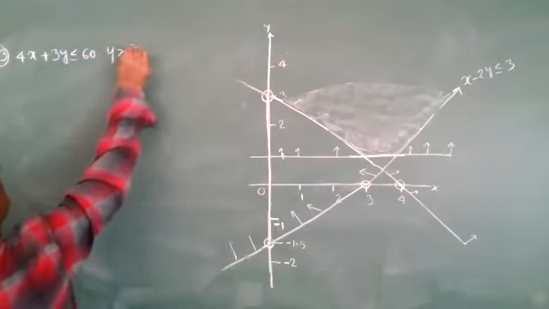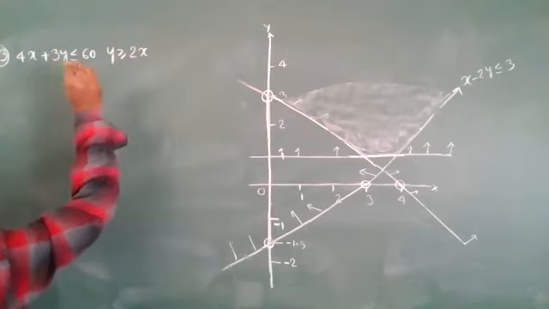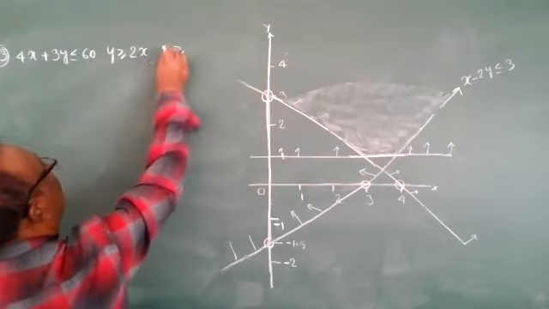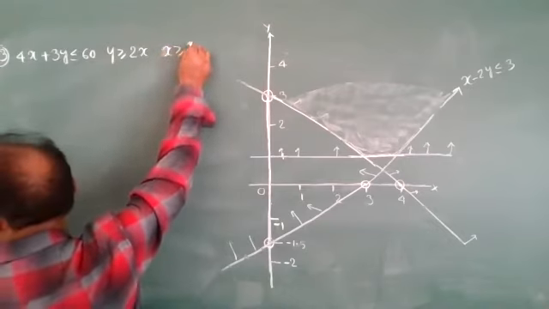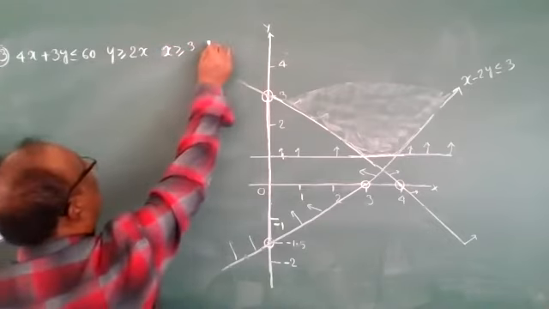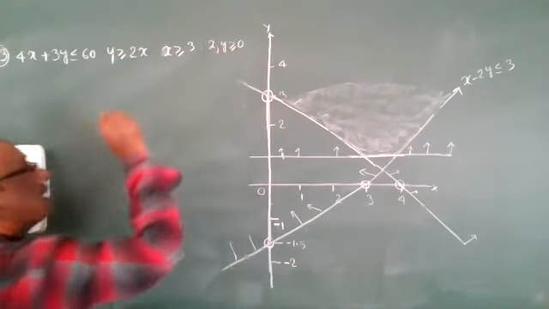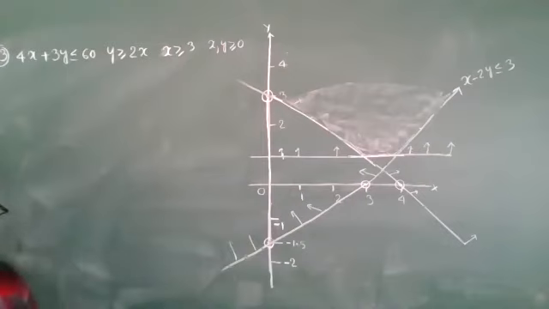Y is greater than or equal to 2x. X is greater than or equal to 3. X, Y both are greater than 0, the y-axis and x-axis, also given.